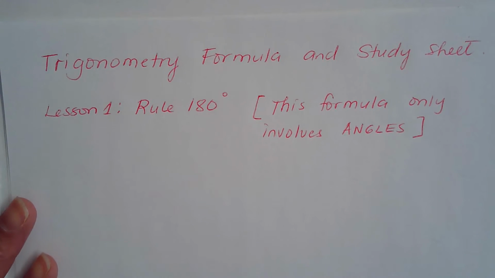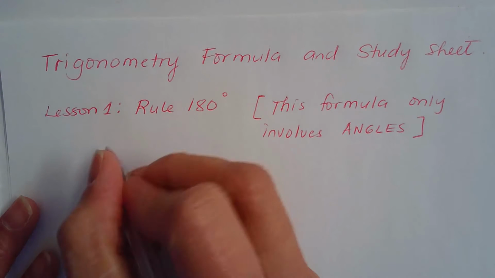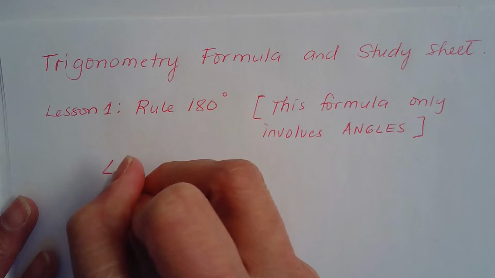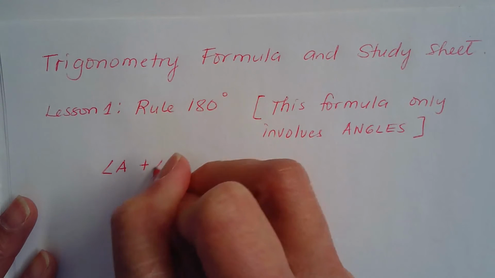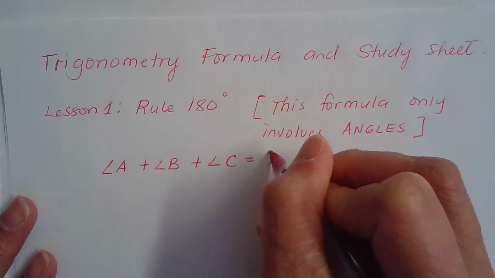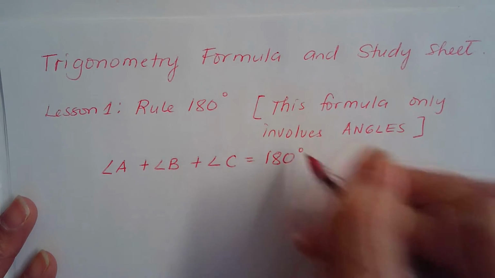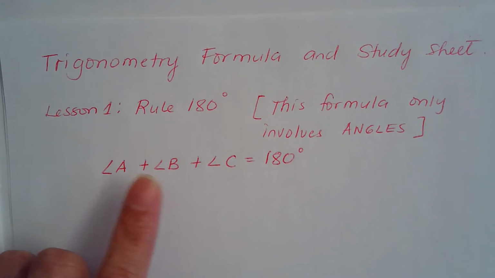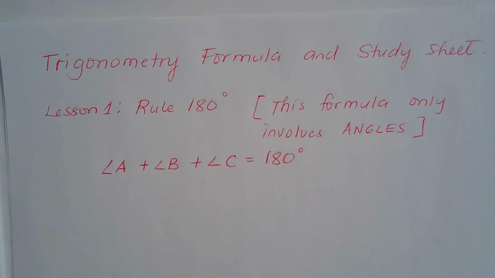Only angles are involved in this. So we said angle A plus angle B plus angle C is always 180 degrees. All of the three angles, if we add them up, have to add up to 180 degrees. That's the very first thing that we did.